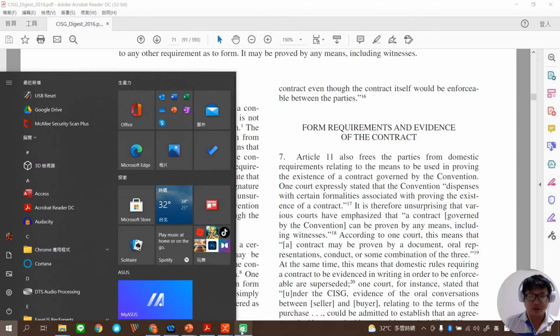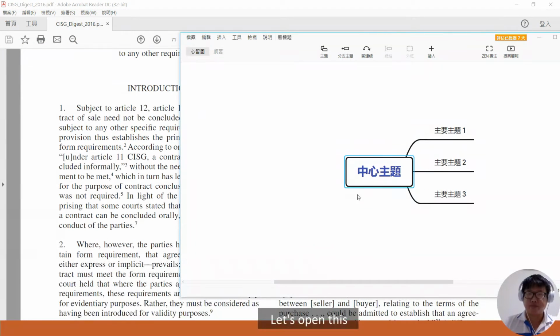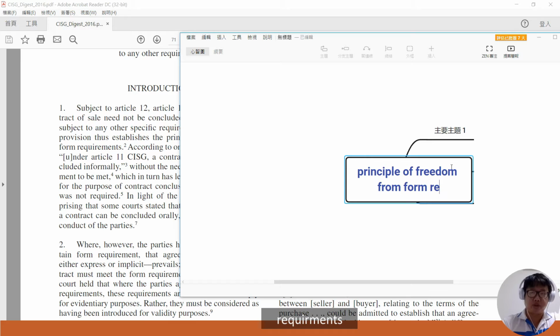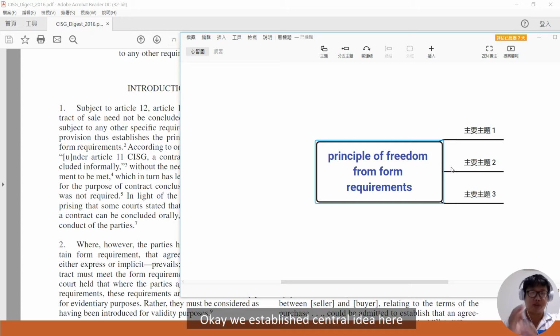Let's open this, the central idea: principle of freedom from form requirements. Okay, we established a central idea here.